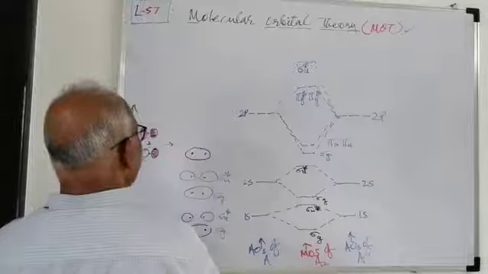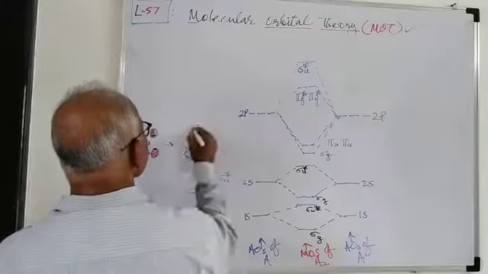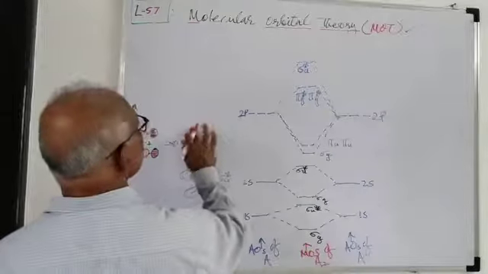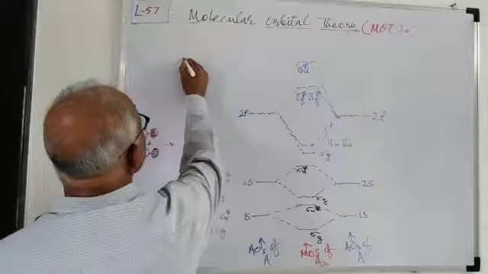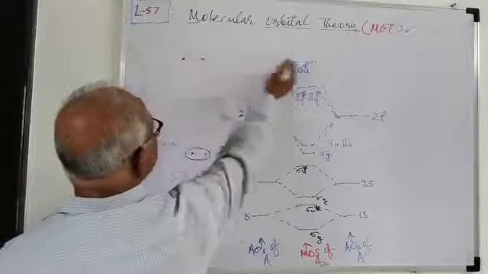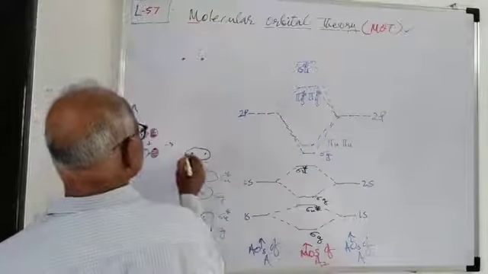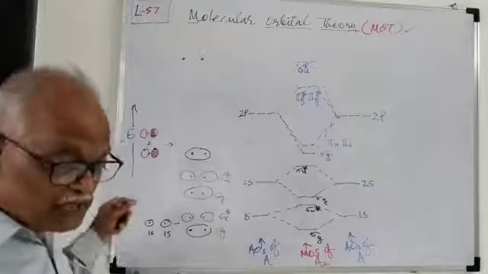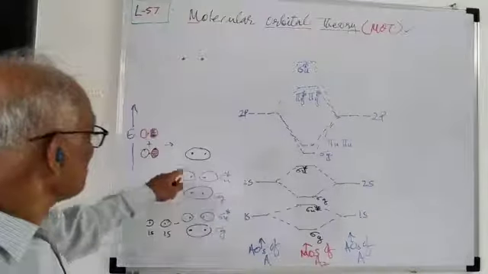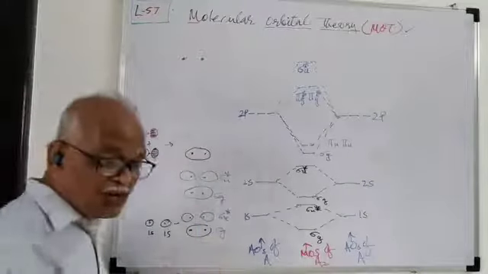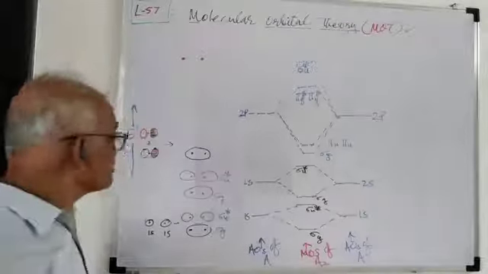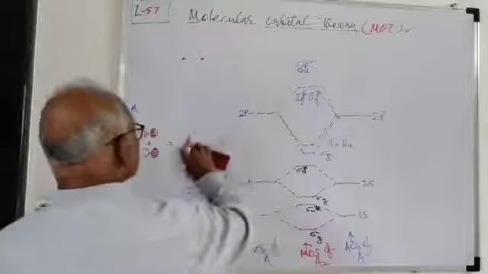And we will have the antibonding sigma orbitals. We will show it here. This is antibonding molecular orbitals. So we can show these molecular orbitals in this way, or in other words, we can also show these orbitals.